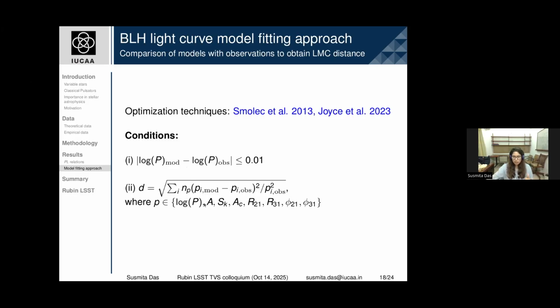We use, of course, the pulsation period, but also the amplitude, the skewness, the acuteness, and like we mentioned, the R21, R31, Phi21, Phi31, which are the first two Fourier parameters. So we compute D for each model observed pair, and we find where the offset is minimized. Wherever we have the minimized D model observed pair is what we call our best matched model observed pair.